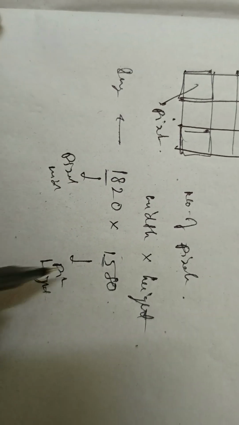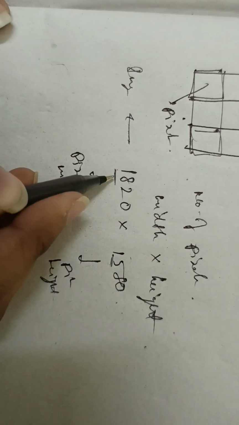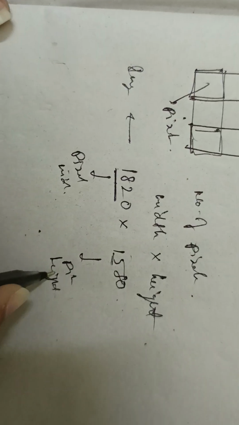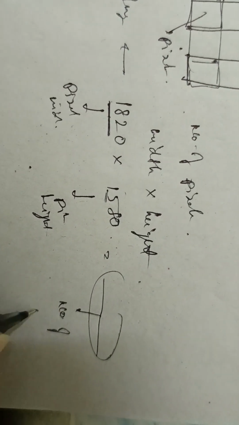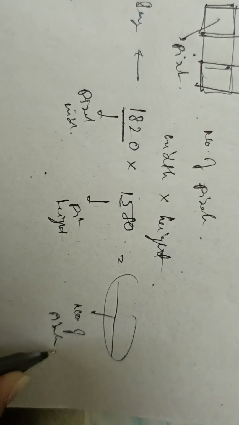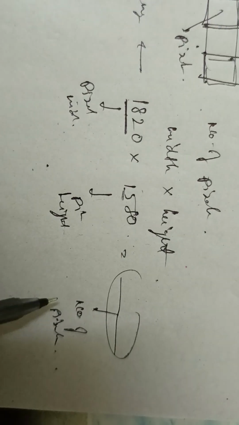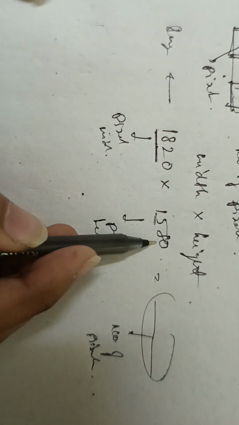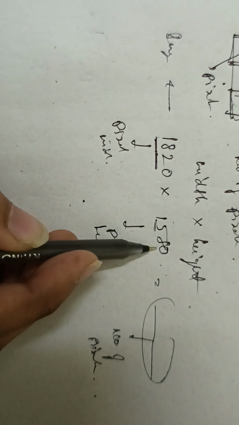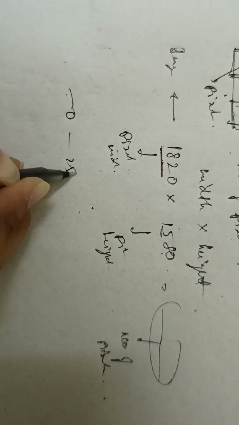So to know the total number of pixels present in a picture, we need to calculate this width into height. Here it represents the number of pixels present in that image. Simply, the number of pixels present constitutes a total image. Number of pixels is equal to width into height. Pixel values are generally in the range of 0 to 255.